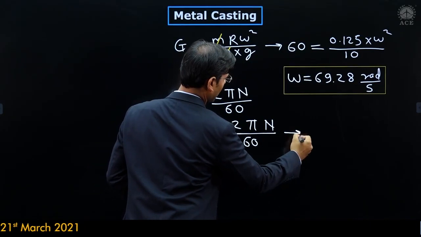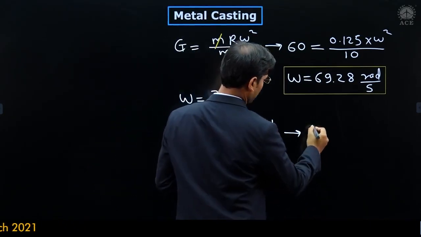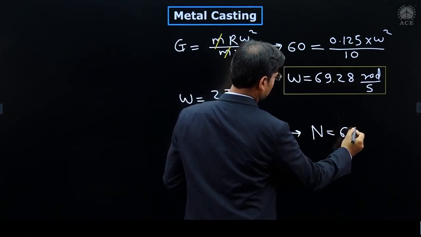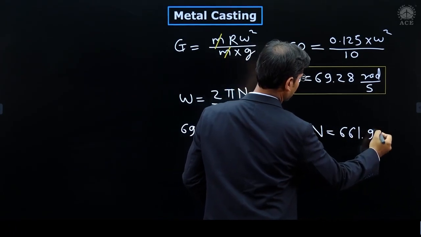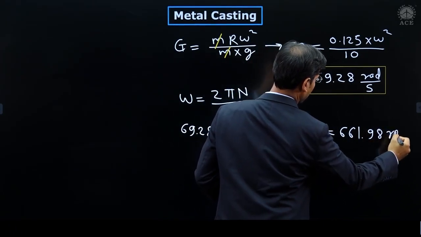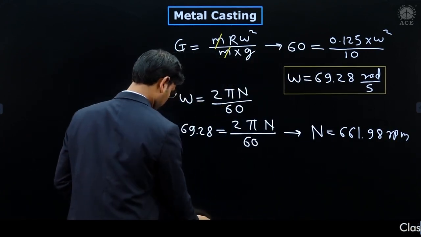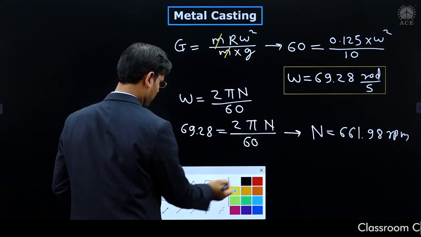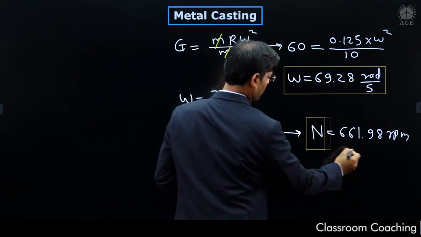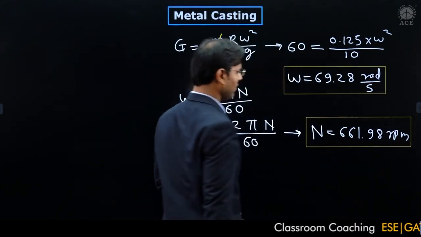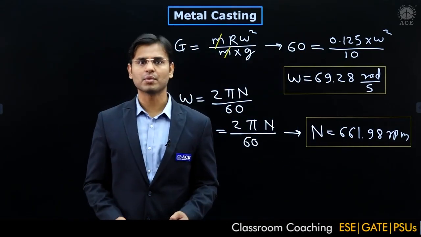Then calculate the value of N, that N is 661.98 RPM. With this, the value of capital N, this problem is over.